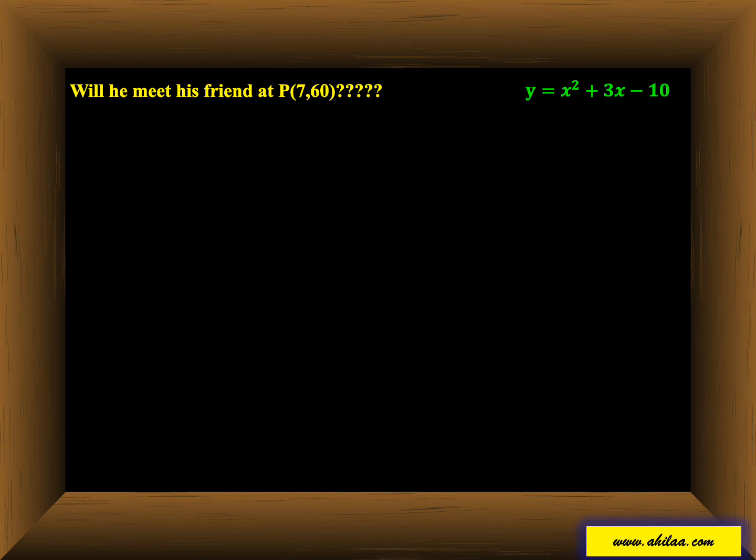Let us see. Here the path equation is y equal to x square plus 3x minus 10. So let this be the path. It is given that (-6, 8), (-2, -12) and (3, 8) are the points lying on this path. Now his friend P(7, 60) is here.